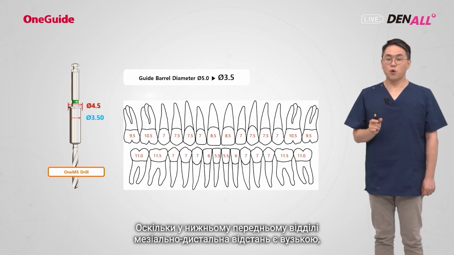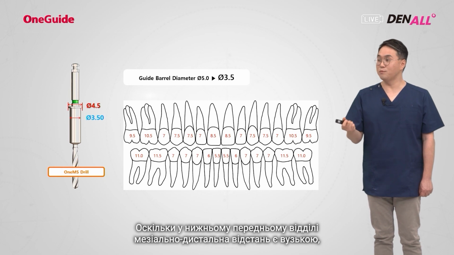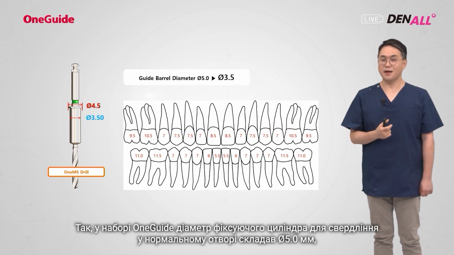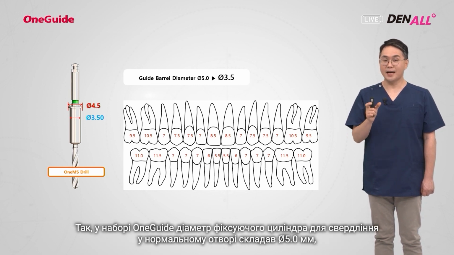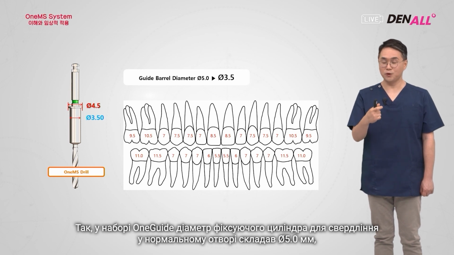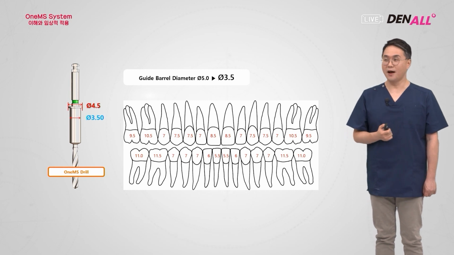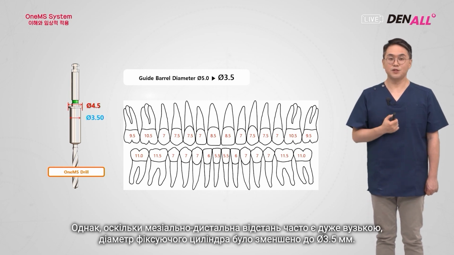Now, on the lower anterior side, where the mesiodistal distance is narrow, we reduced the guide barrel diameter to 3.5. In the One Guide kit, the guide barrel diameter for normal hole drilling was 5.0 and for wide hole was 5.7. But here, it's 3.5.